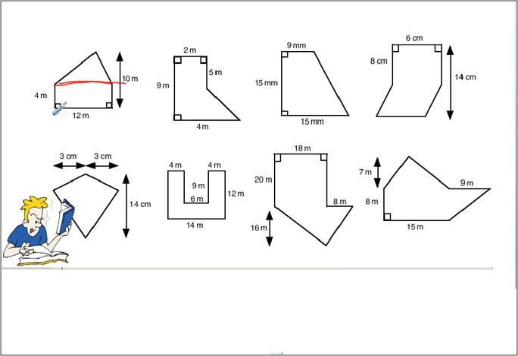Now, if I were to do that, now I've got a rectangle and a triangle. If I do this, I've got a triangle and a rectangle. Again, my drawing could be a little bit better, but if I do this over here, I have a rectangle and a parallelogram. If I do this here, and sometimes there are different ways of doing this, I could have triangle, triangle, and rectangle.